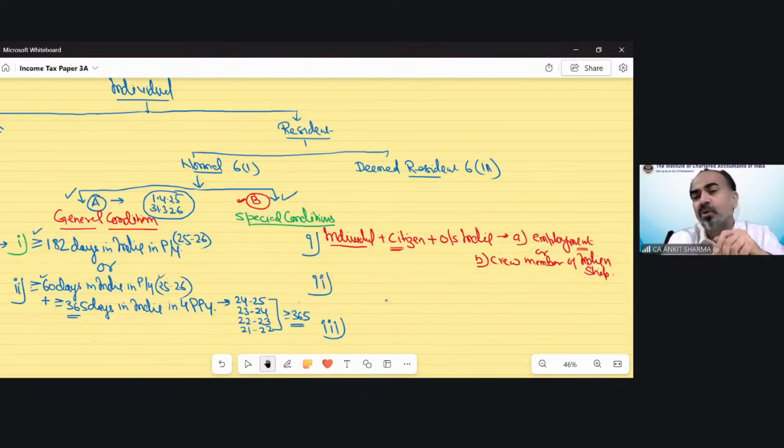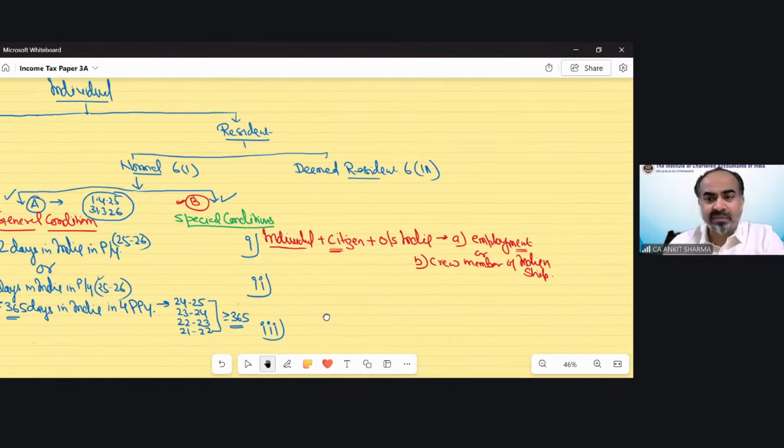Two conditions need to be checked. The conditions are very specific. You should be an individual and a citizen. This benefit is only for citizens, not for persons of Indian origin. And if you are going outside India either for employment or as a crew member of an Indian ship, then you can take the advantage of category B. Now, what is the advantage?